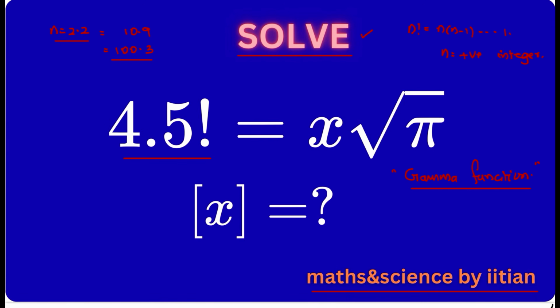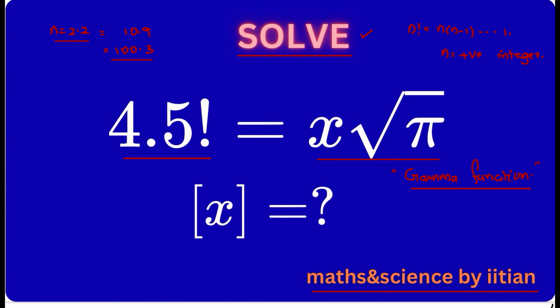We will try to find out by using the gamma function the value of 4.5 factorial, which is given by some value x into square root of pi.